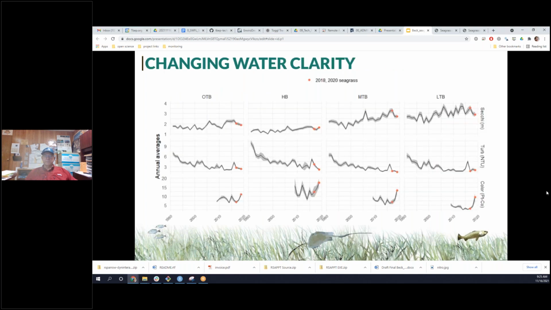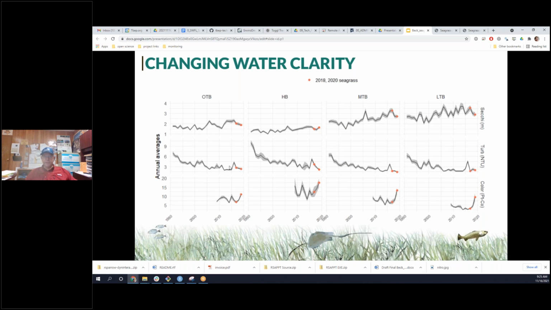Now, the question is, what's happening with actual water quality measurements? Do we see a change in water clarity conditions that might make us think that this is actually driving the changes in the seagrasses in Tampa Bay from 2018 to 2020? What this is showing you is for major bay segments, Old Tampa Bay, Hillsborough Bay, Middle Tampa Bay, Lower Tampa Bay, looking at Secchi in the top row, turbidity middle row, color in the bottom row.